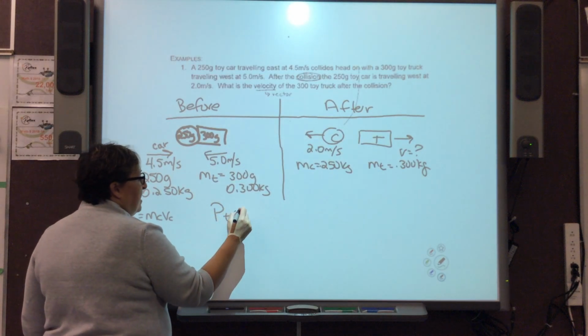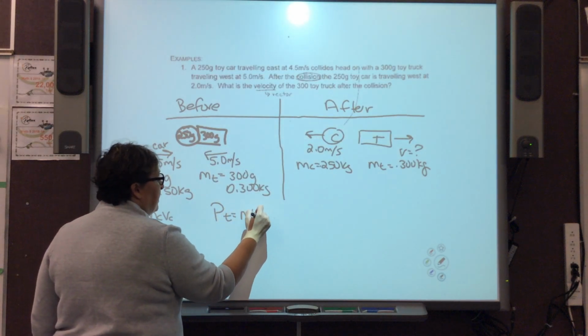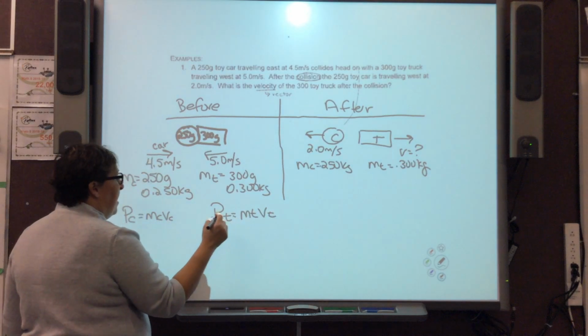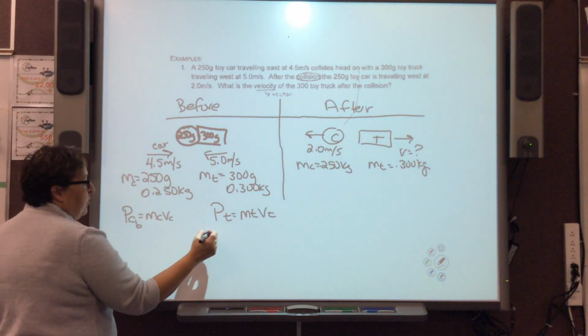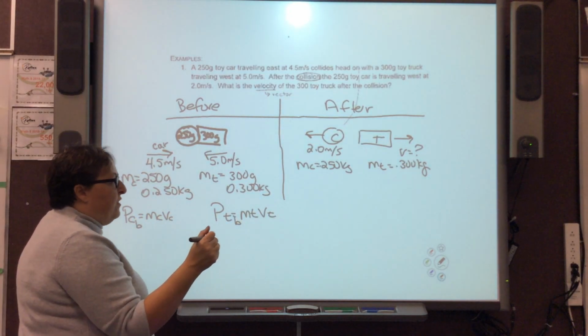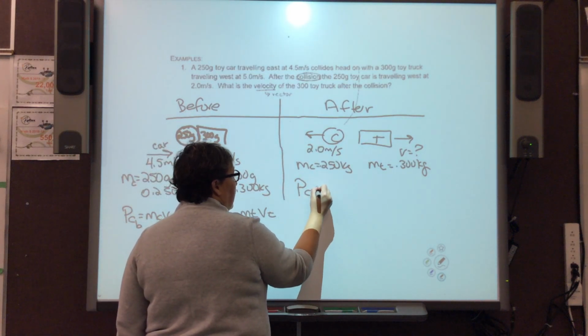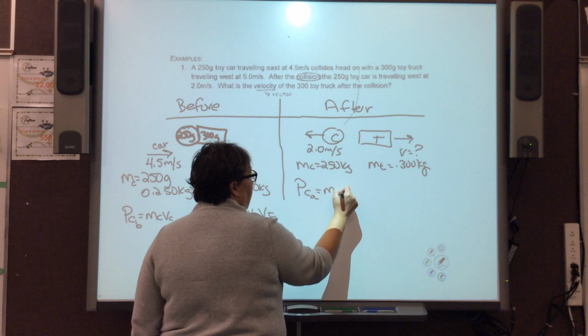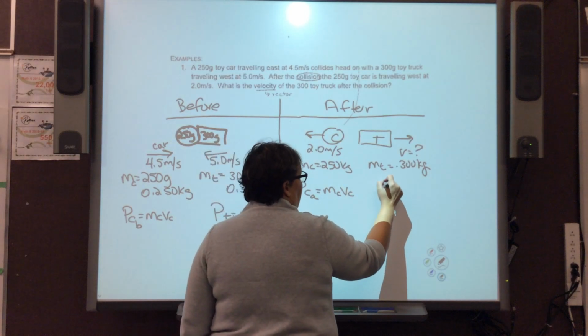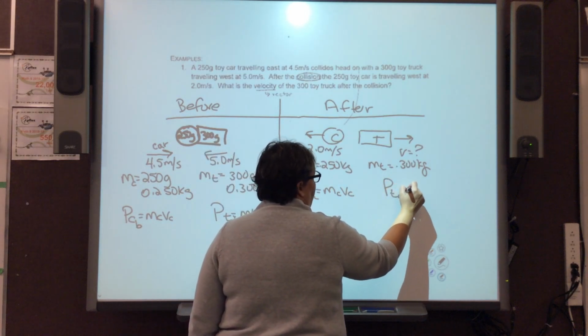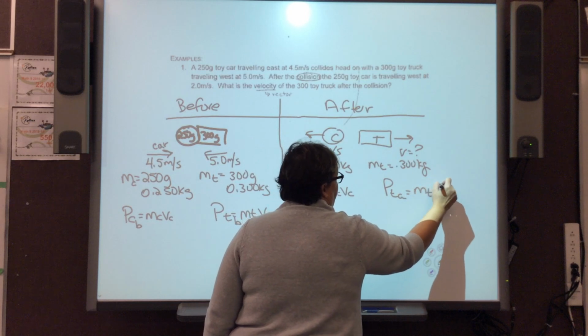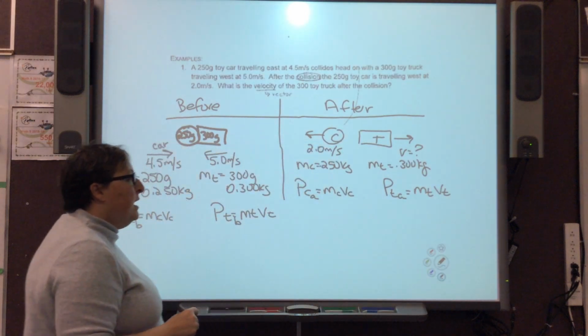Momentum of the truck equals mass of the truck times the velocity of the truck. And this is before, so I'm going to put a little b there. Over here we have momentum of the car after.